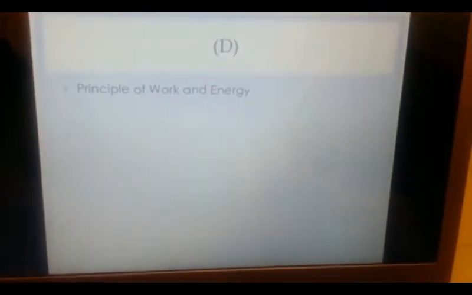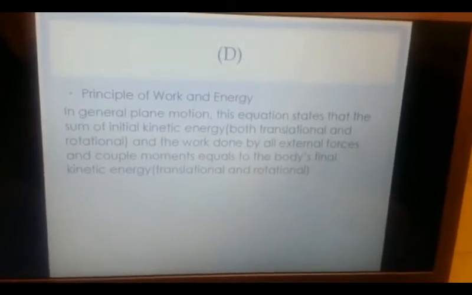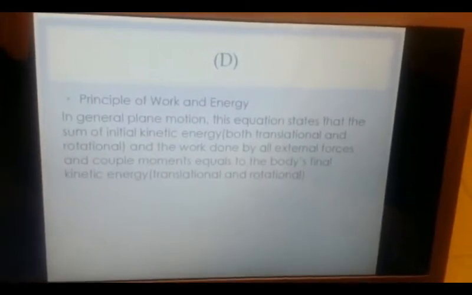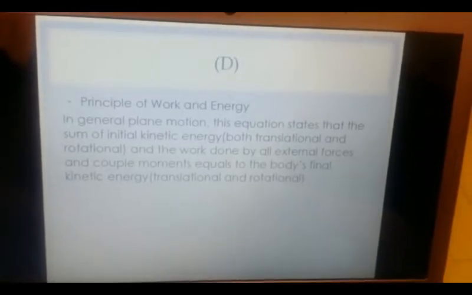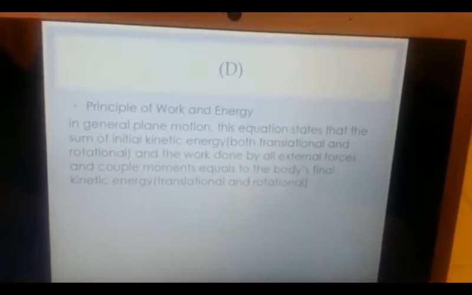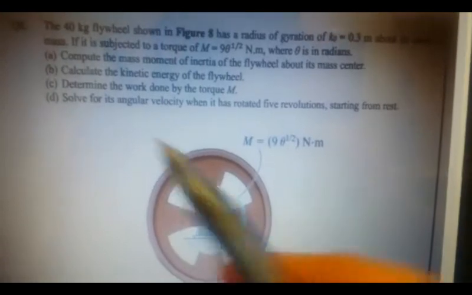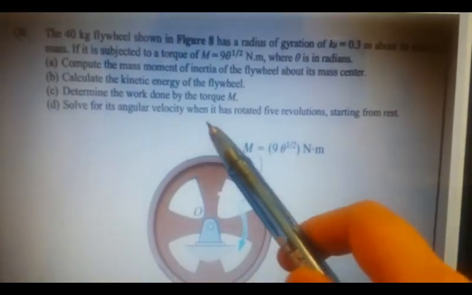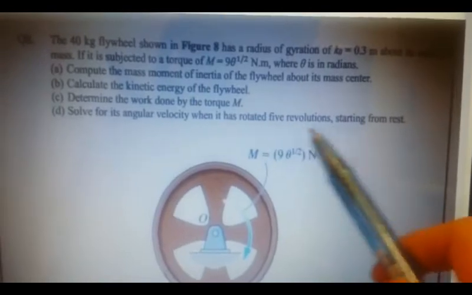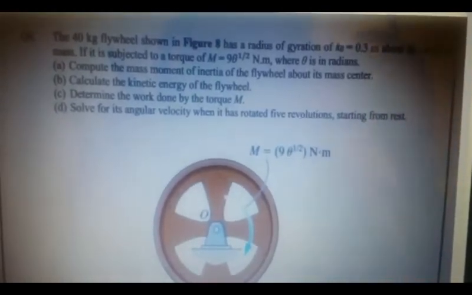For part D, we will talk about the principle of work and energy. What is the principle of work and energy? In general plane motion, this equation states that the sum of the initial kinetic energy, both translational and rotational, and the work done by all external forces and couple moments equals the body's final kinetic energy. For question D, we need to solve for its angular velocity when it has rotated 5 revolutions starting from rest. We apply the principle of work and energy: T1 plus total work equals T2, the initial and final kinetic energy.